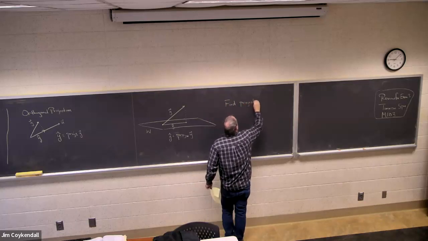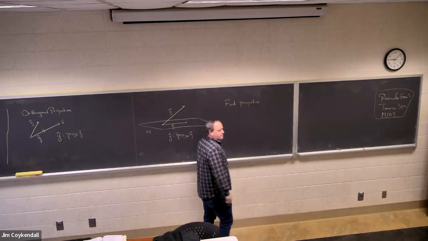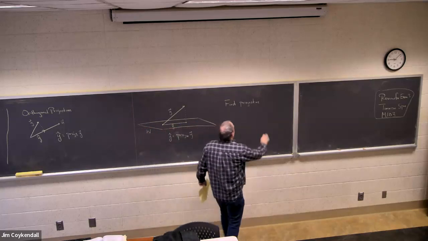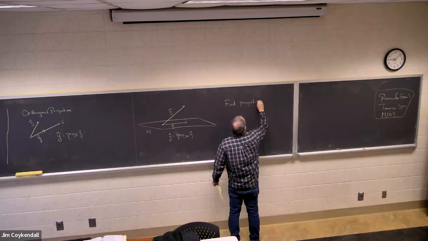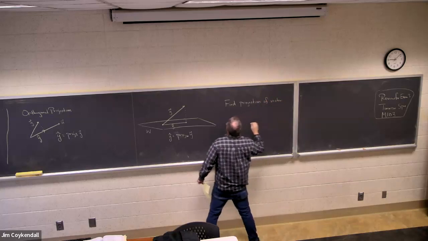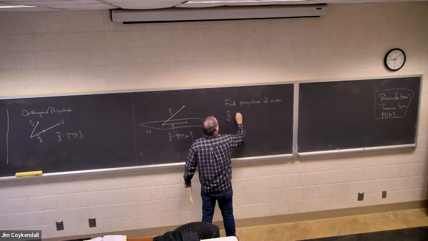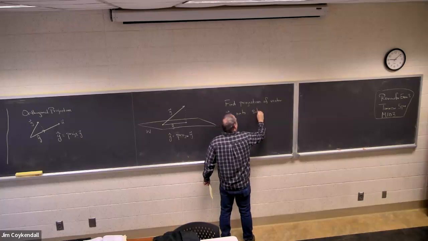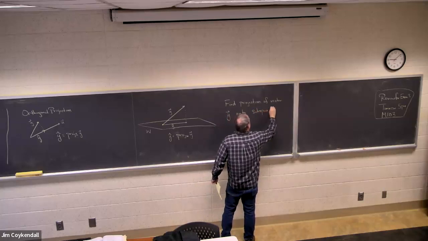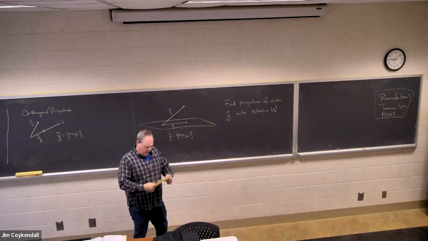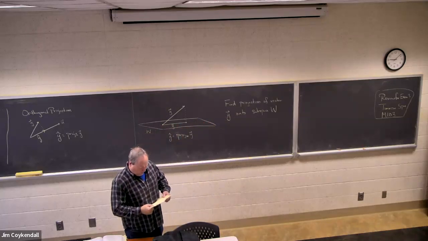This is our scheme, or our quest, that is, to find the projection of vector y on the subspace. Okay, so what do we know about y hat? What should this be?